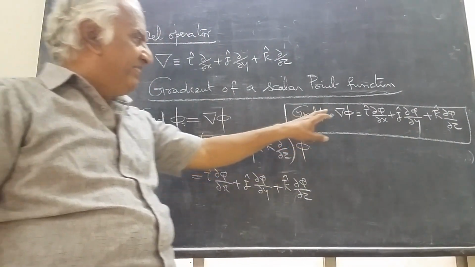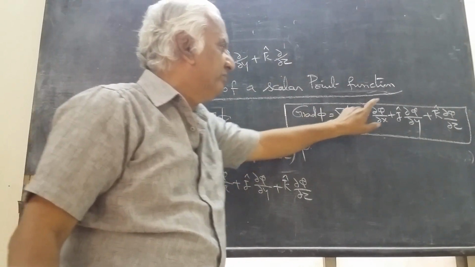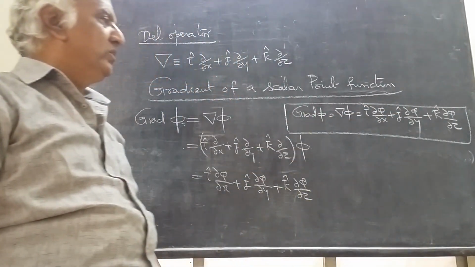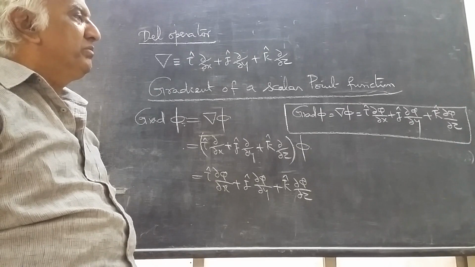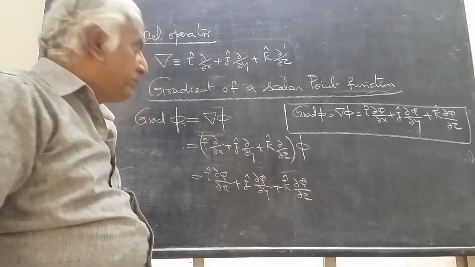Now the gradient phi is a vector: i ∂phi/∂x, j ∂phi/∂y, k ∂phi/∂z. What does it represent?